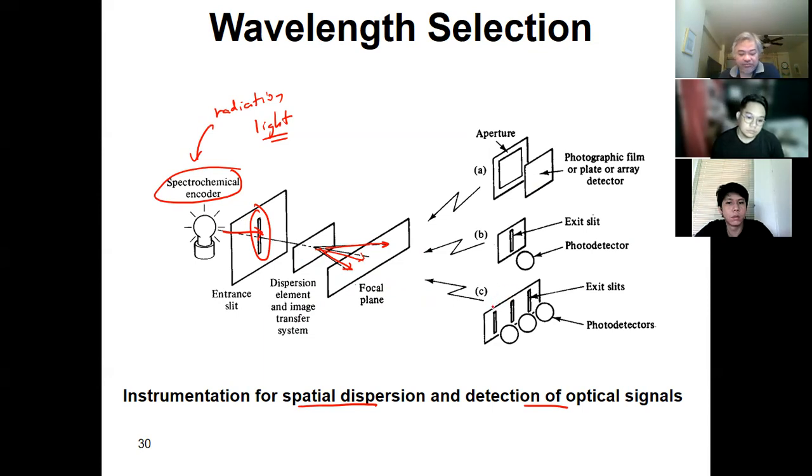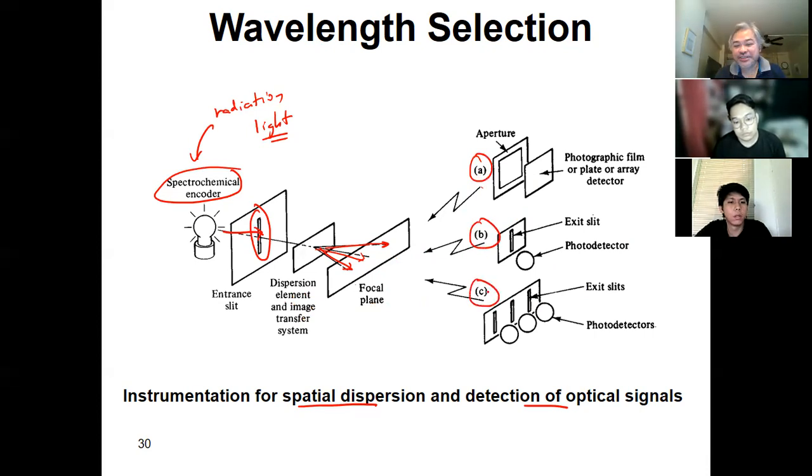configuration, you can have various names based on this, what we call optical devices. So if you look here, when the dispersion element and the image transfer system cause each wavelength to strike a different position in the focal plane, there are different photodetector configurations that you can use. You can use this one, or this one.